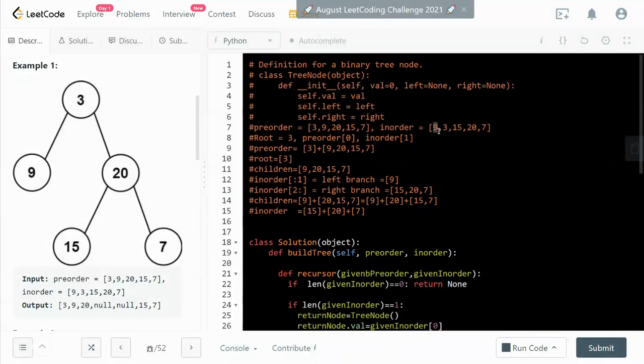The left branch comes first, and then the root, and then the right branch. As you can see, the left branch has only one node, which is just 9. The right branch is 15, 20, and 7. The root is in the middle. This gives us very good information about how to separate the left and the right.